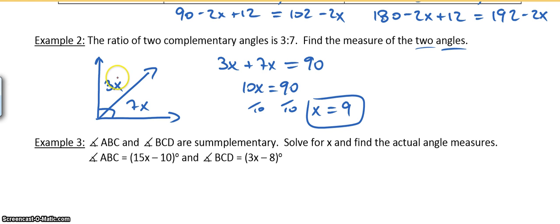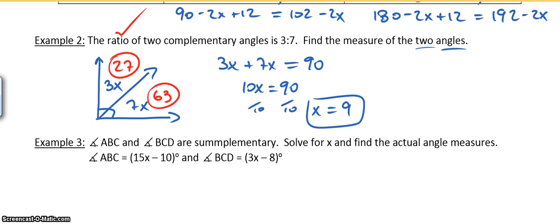So here we have 3 times 9, now that we know x is 9, and I get 27, and 7 times 9 is 63. Together, do those two add up to 90? Yes, they're complementary angles. So the measures of my two angles are 27 and 63. So how we deal with this ratio is just chop up your angle into the ratio and then solve.